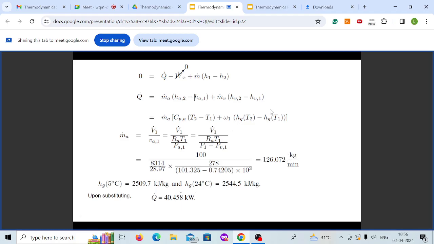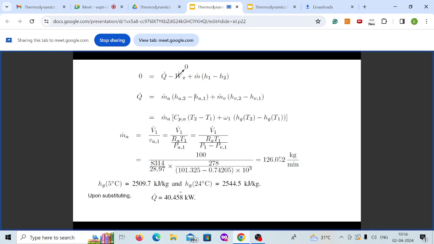From the steam table you can find the enthalpy corresponding to 1 atmosphere and 5 degrees Celsius is 2509.7, and for 24 degrees Celsius is 2544.5. The temperature T1 is 5 and T2 we have found out as 24 degrees Celsius, and Cp of air is 1.005 kJ per kg Kelvin.